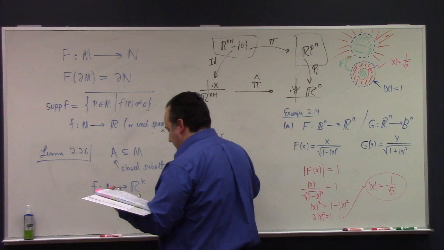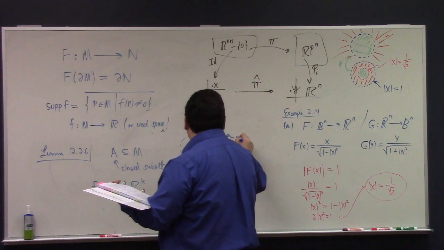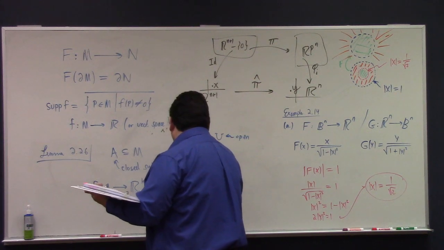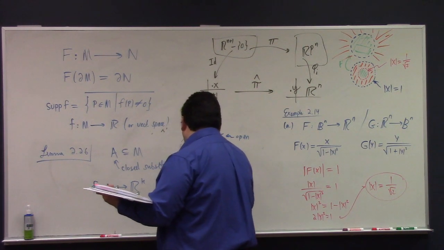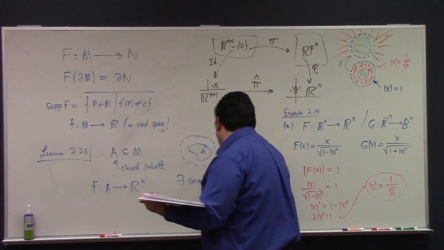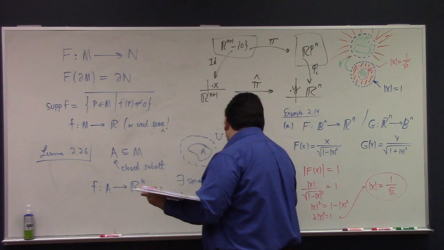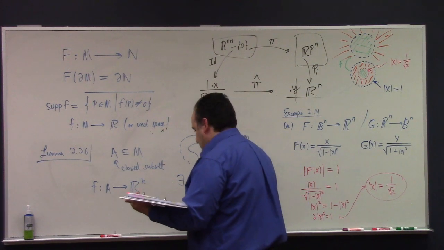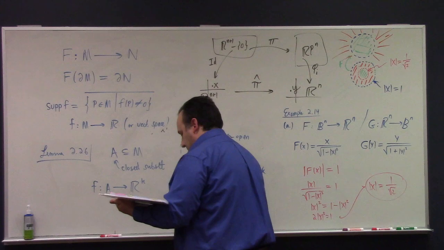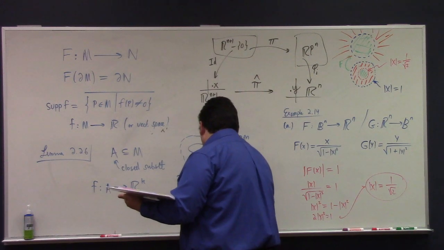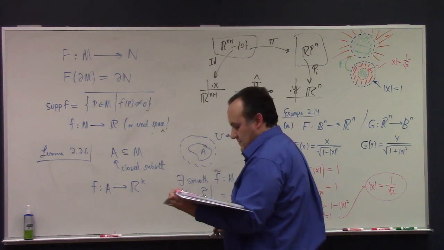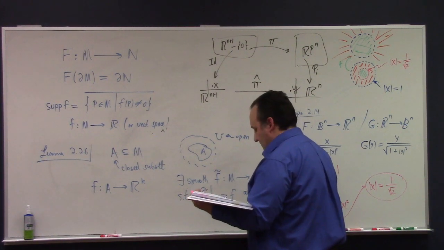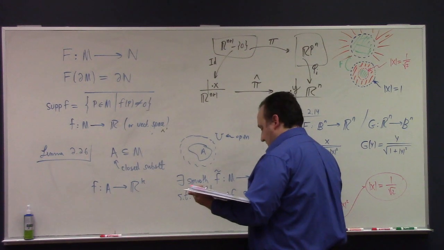For any open U containing A, there exists a smooth function F tilde, which goes from M to R^K, such that F tilde restricted to A is equal to F, and the support of F tilde is a subset of U.